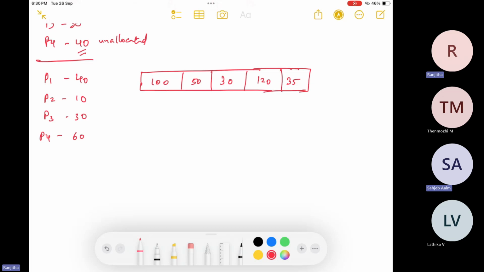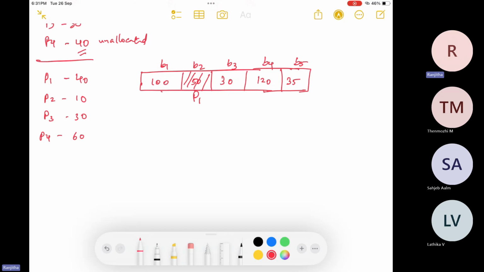If you see here, 100 will fit, 50 will fit, 120 will fit. In all these places P1 can occupy, but since this is best fit, P1 will choose the 50 block, B2, out of B1, B2, B3, B4, and B5.